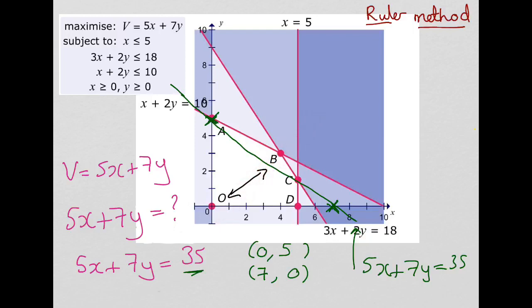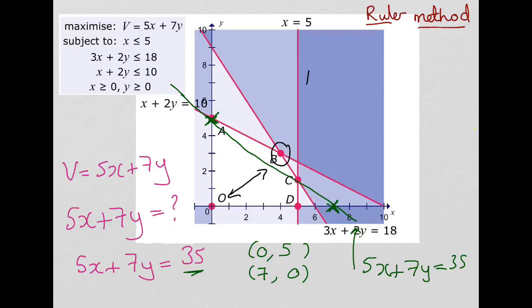And this is actually the only use I've ever found for a set square. Having the set square and the ruler up against it, I can slide it up and down and it will stay perfectly parallel. It's quite easy here to see that if I move this parallel, the last point that I'm going to hit with my ruler will be point B here.